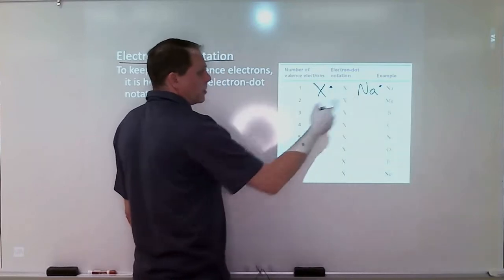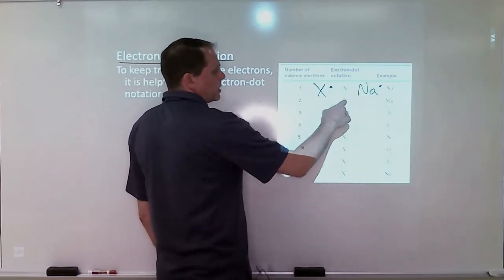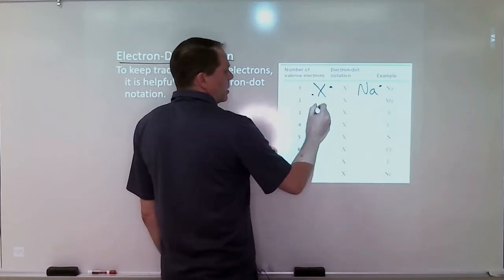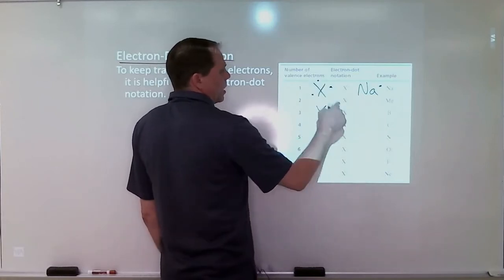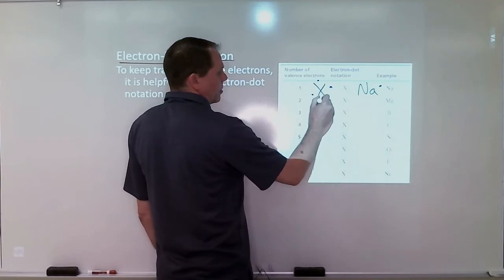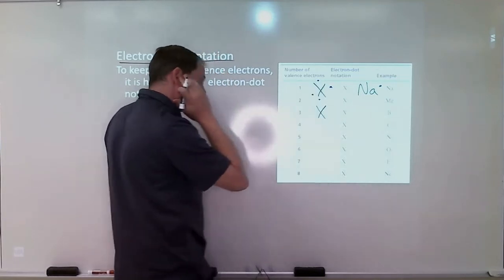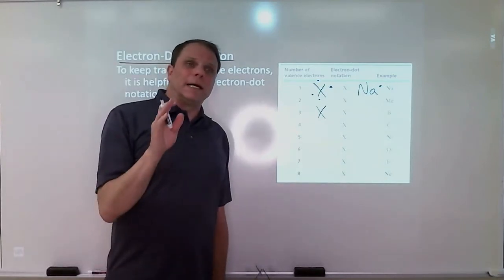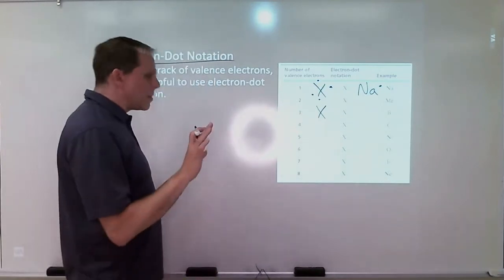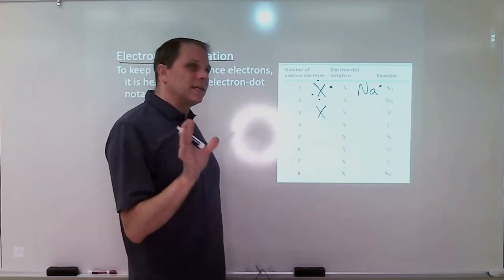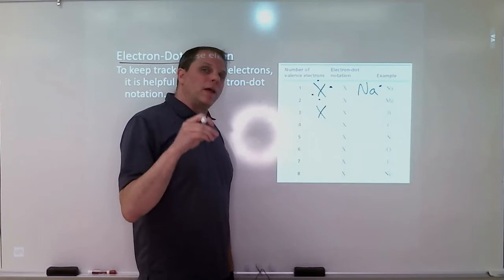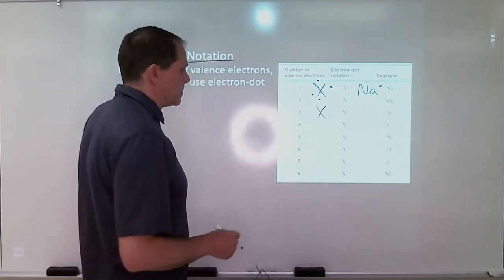Now, as you go through and fill them out, there's a couple different ways to do it. You can see on this example, they start by putting them one on each side of the element as you go down here, and then down here, you're putting one electron on each side so that you have kind of like an even distribution. And again, there's a couple different ways of doing that, but the idea here is that you want to think about what it would be doing if it were filling up its s and p orbitals, okay?